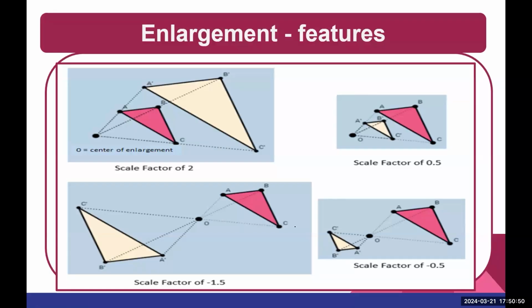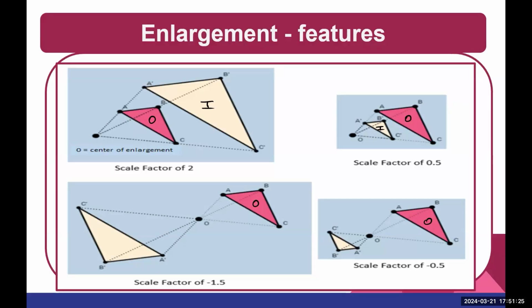The pink ones are the object, and these are the image. If the scale factor is greater than 1, then the image will be larger than the object. If the scale factor is 0.5, so that's between 0 and 1, what would happen? The image will get smaller, sir. So the image would be smaller than the object.